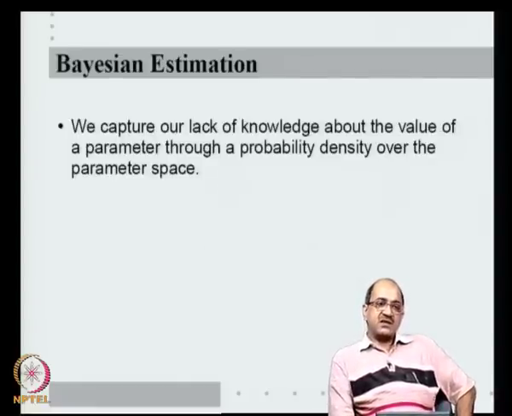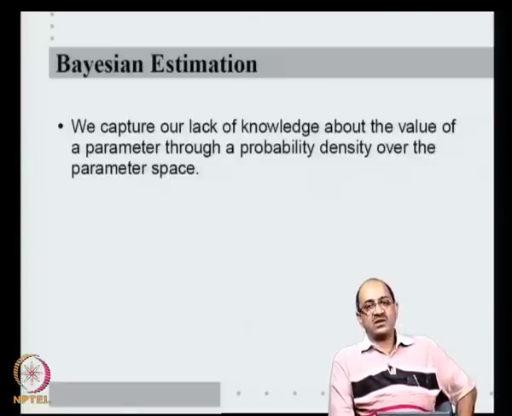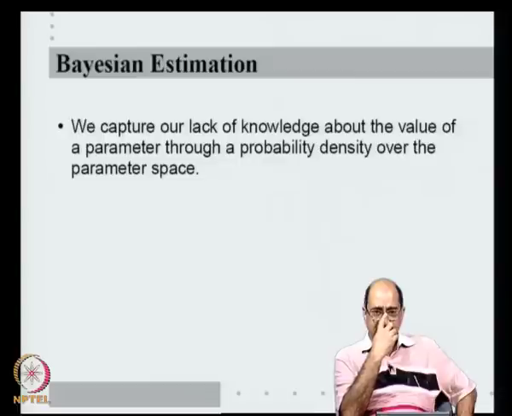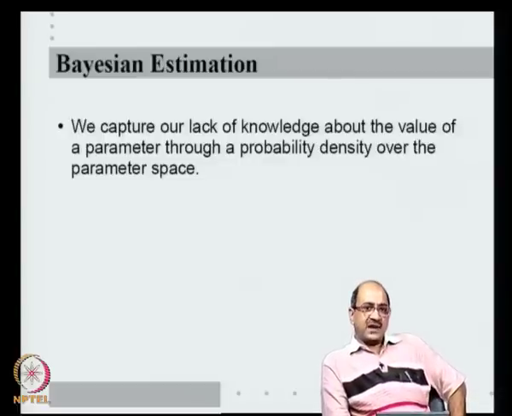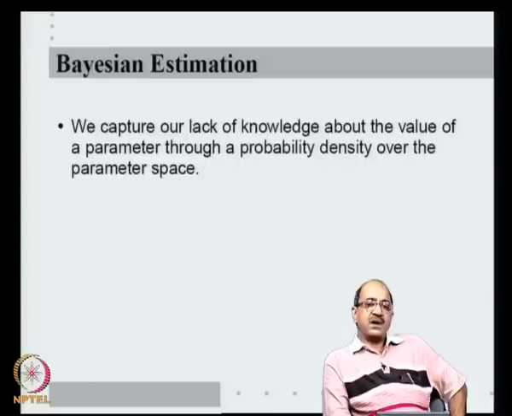Because we think of the parameter as a random variable, we say that we are doing estimation because we do not have knowledge of the parameter value. So, we capture our lack of knowledge about the value of the parameter, that is the fact that the parameter can take different values, even though we know the range of values it can take, through a probability density over the parameter space.